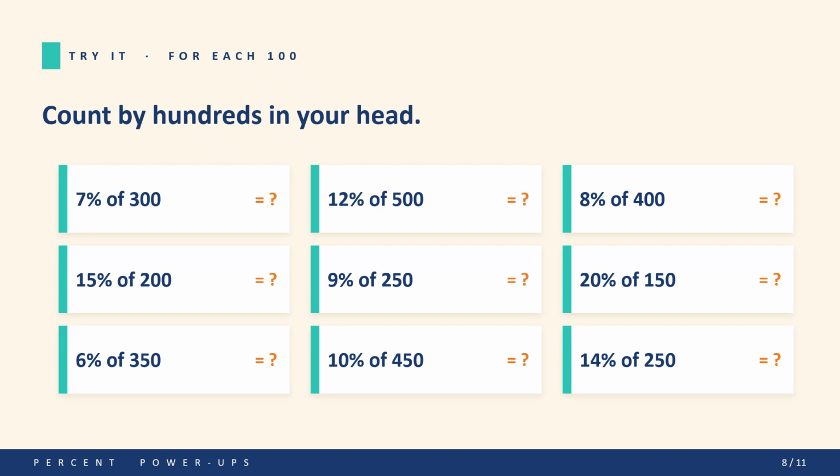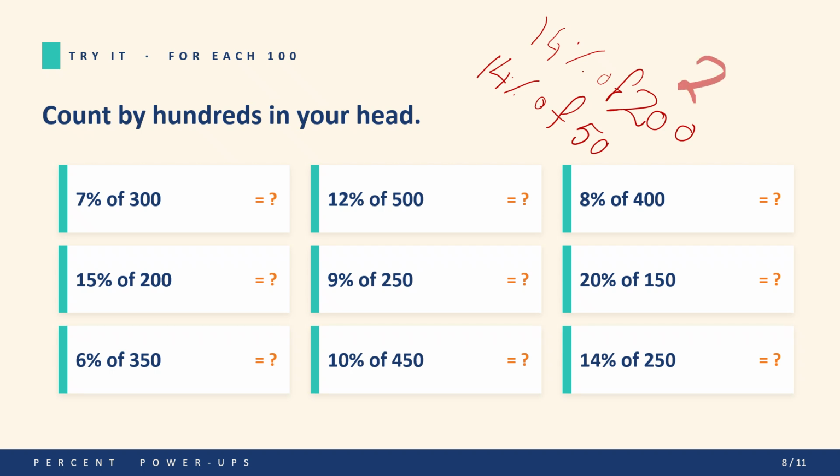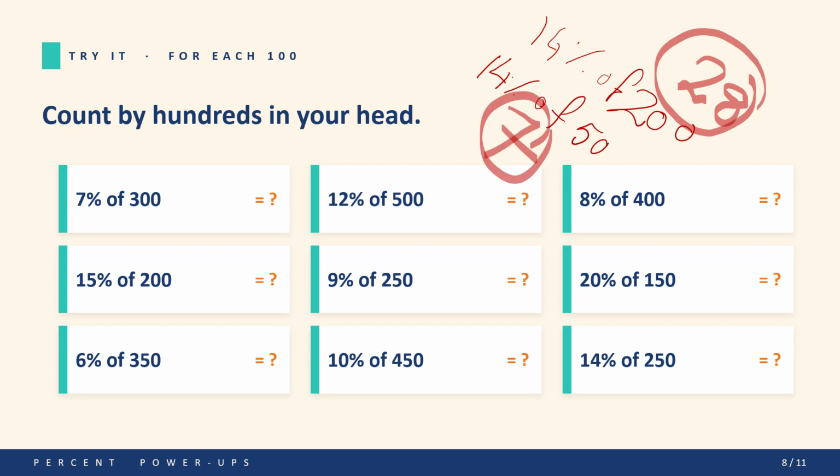So it's 14% of 200 plus 14% of 50. What's 14% of 200? It's 14 plus 14, so it's 28. And what's 14% of 50? It's half of 14, so it's 7. So it's just 28 plus 7, which is 35.